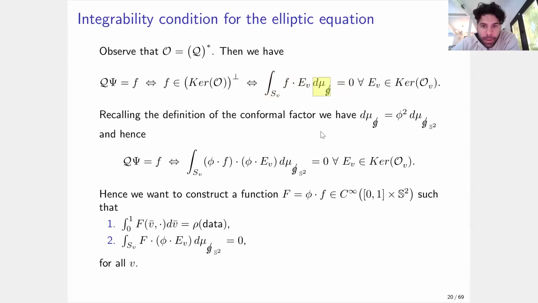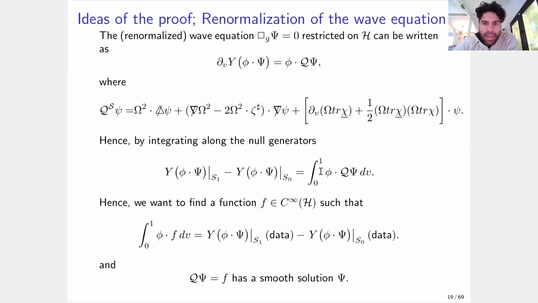Replace the volume form by the volume form of the unit round metric. When you do that, you will introduce two powers of the conformal factor. So you split them, you put one with f, and you put one with the kernel of the elliptic operator. Why do I group them like that? Well, because if you remember, in the integral, I don't actually have just the elliptic operator itself. I have this guy.